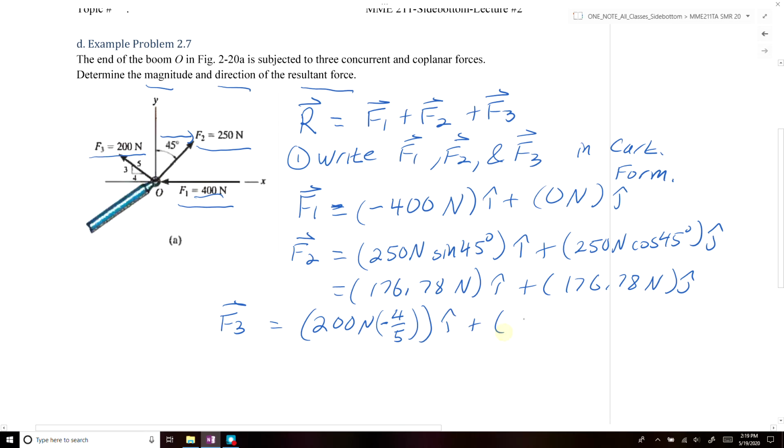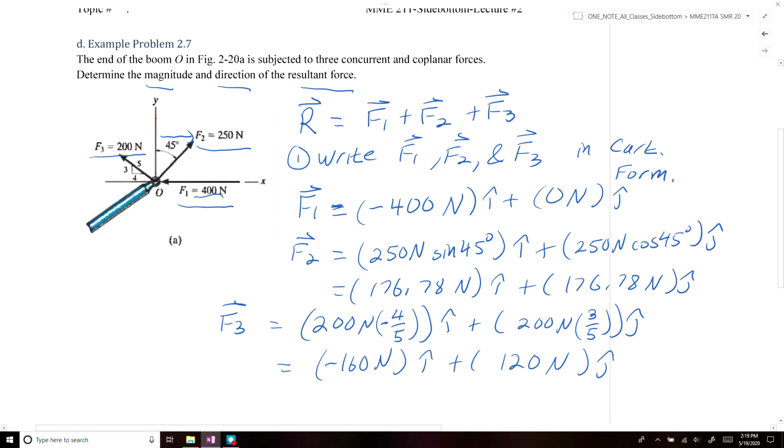And then the y component of the force would be equal to 200 newtons times a positive 3/5 times j. If we multiply those out, F3 is going to be equal to minus 160 newtons times i plus a positive 120 newtons times j.